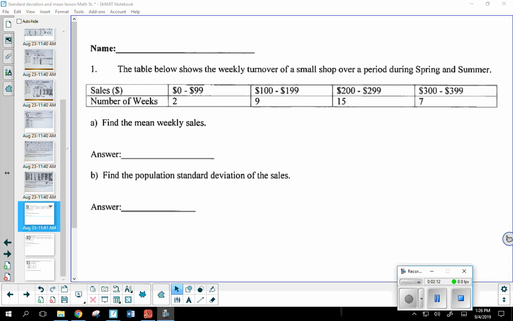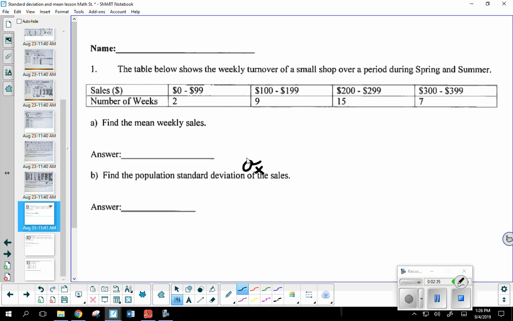Now remember, when we do this using technology, we're looking for the sigma x. IB treats everything as a population, but we're going to go ahead and look for that particular standard deviation. Now, if I were to do this by hand, which I'm not going to do, what do I have to use from those classes? I got to use the midpoint, okay?